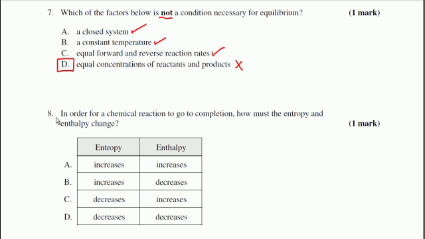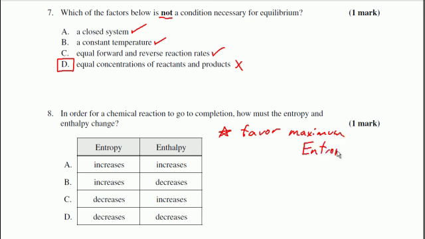Let's move on to question number 8. It says here, in order for a chemical reaction to go to completion, how must entropy and enthalpy change? So, in other words, we have to memorize two rules, and that is reactions favor maximum entropy.